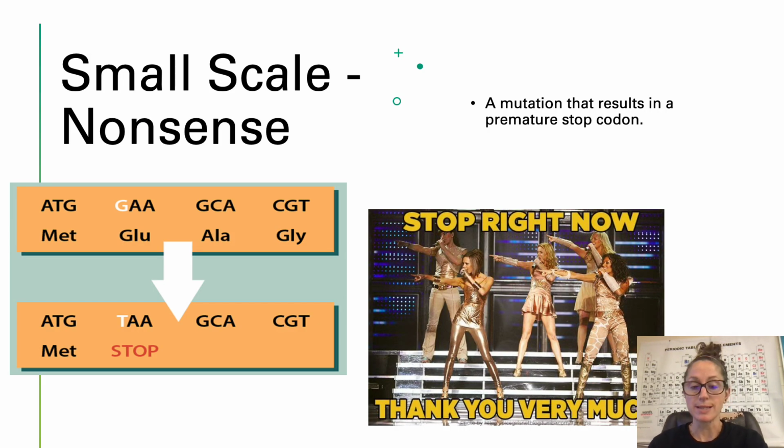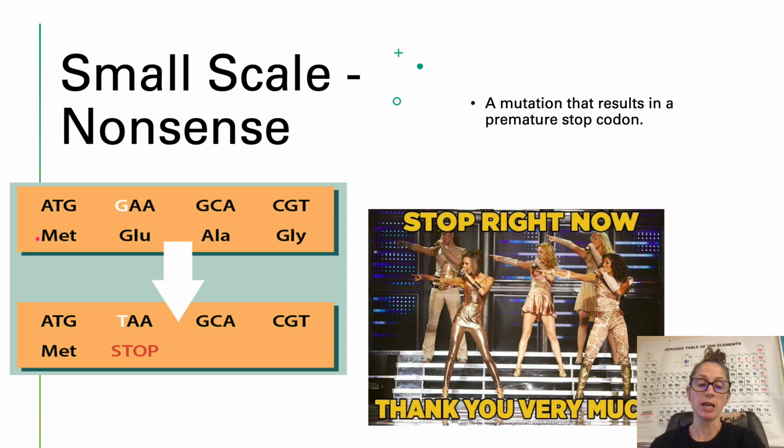A nonsense mutation results in a premature stop codon. So in any codon where you get a stop sign instead, or a stop codon, I call it a stop sign sometimes, instead of an amino acid, then you are truncating, you are shortening that polypeptide.